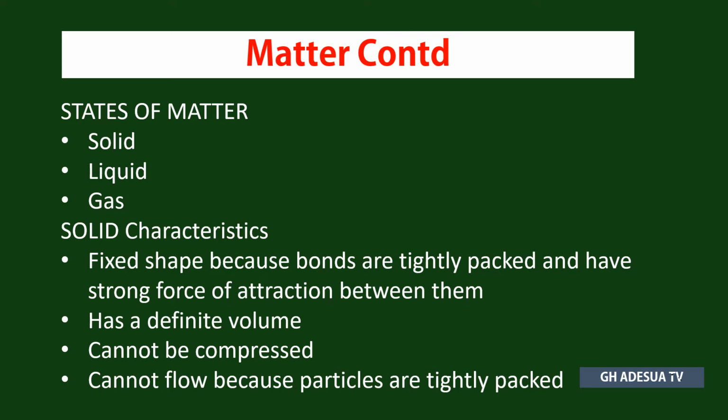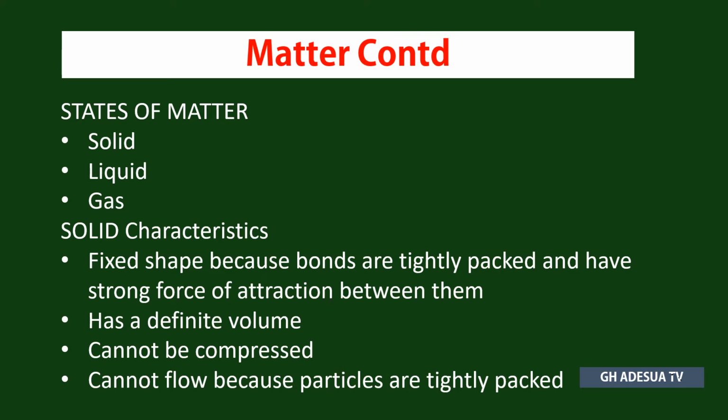The strength of the bond will determine whether what you have is solid, liquid, or gas. So solids have fixed shape because the bonds make them tightly packed, with strong attraction between them. The bonds are strongly attached to each other.